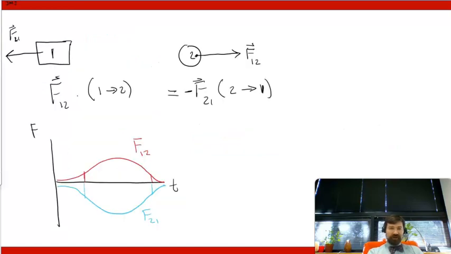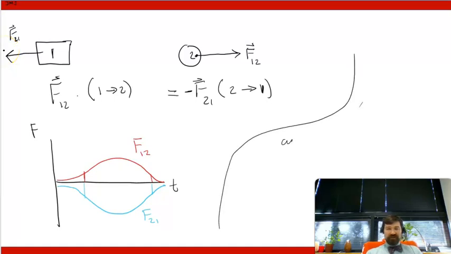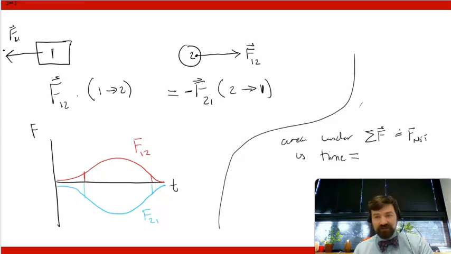It follows from that, if I have area under the sum of forces, or net force, versus time, then I get change in momentum. So this area is equal to change in momentum, or in other words, it is equal to impulse.